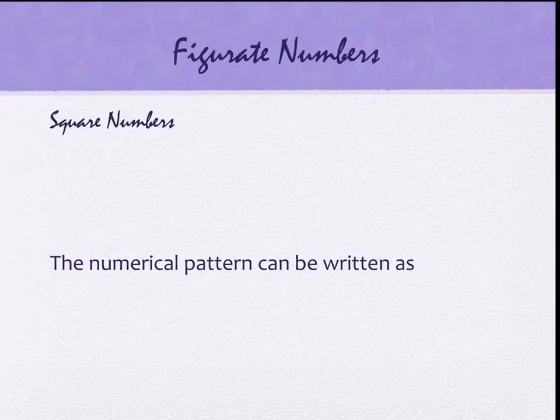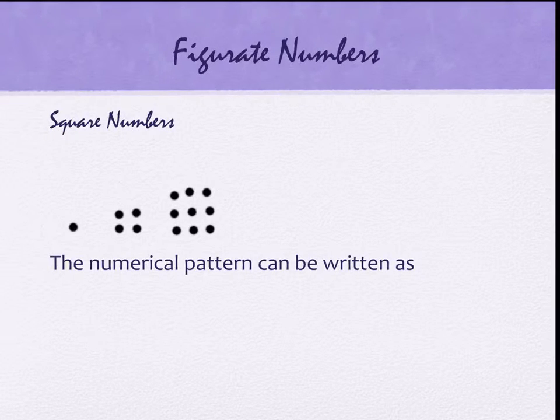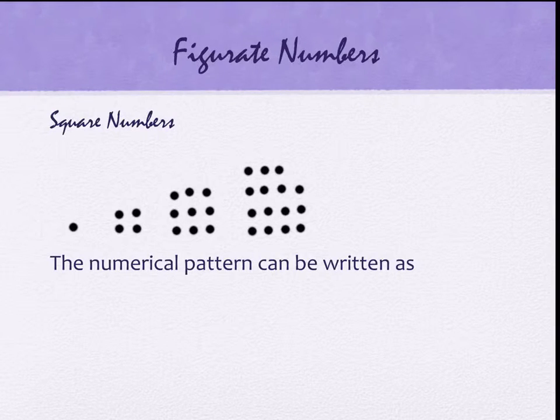We start out again with 1 dot. I should make that a little bit lower. Let me try that again. 1 dot, and then our dots look like this. And then something like that. And like that.